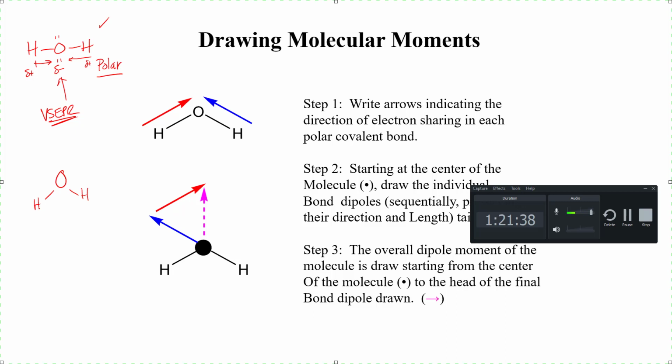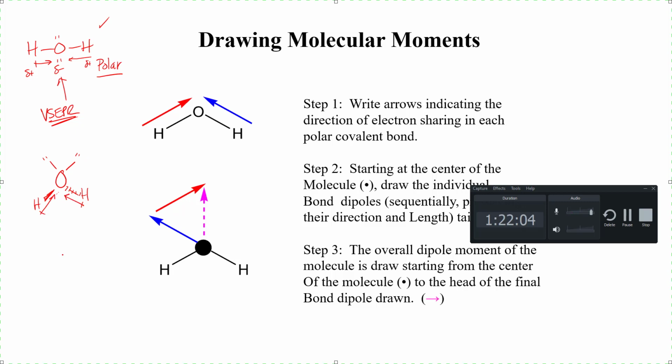Oh, that'd be another good question to ask you with the videotape stopped, but I'm not going to do that right at the moment. It's tetrahedral, right? Now, when you're drawing a molecular dipole moment, you ignore the lone pairs. So in this case, how would the bond dipoles go?